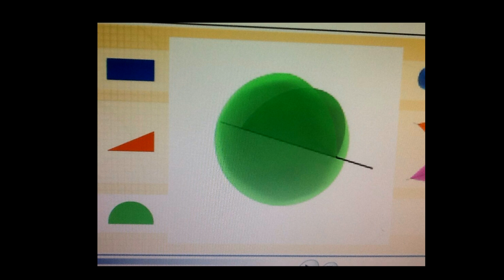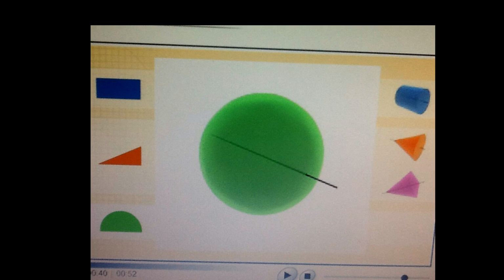The semicircle is continuing its revolution, and now it has almost completed its revolution, and now you see it's all done and it's formed a sphere. Here you have the semicircle that we started out with. We revolved it about the x-axis and it gave us our sphere. I'm going to use this exact idea when deriving the volume formula.